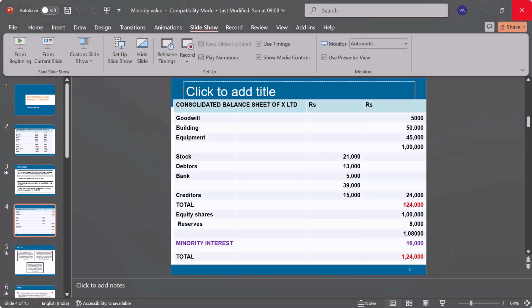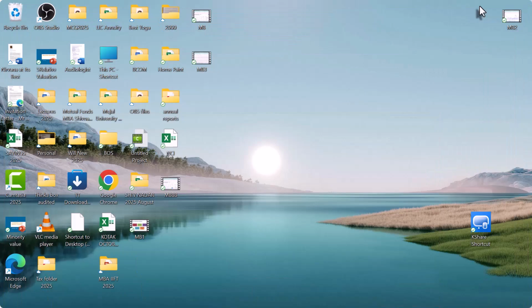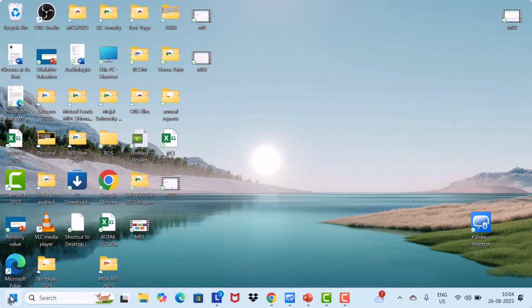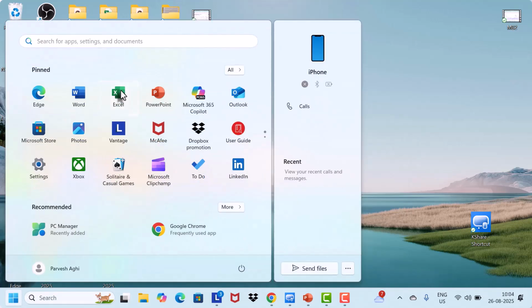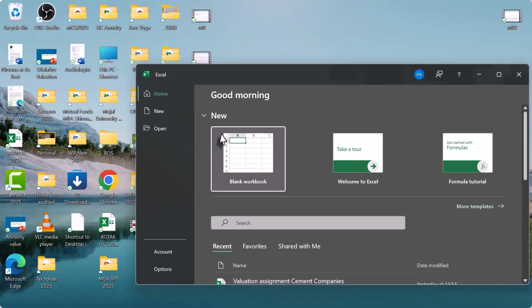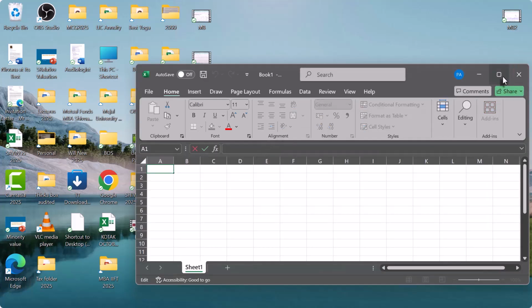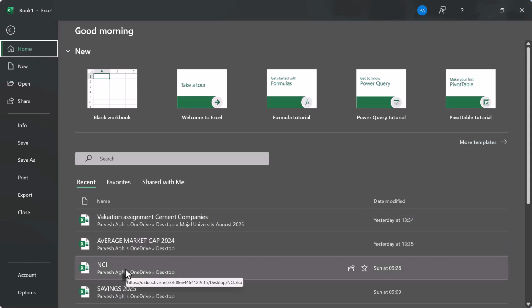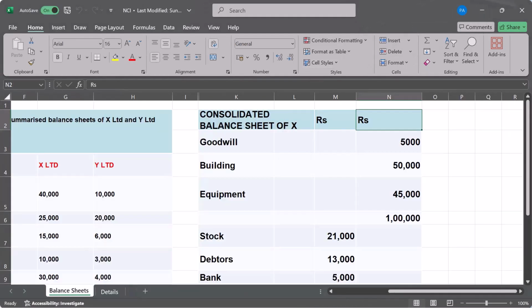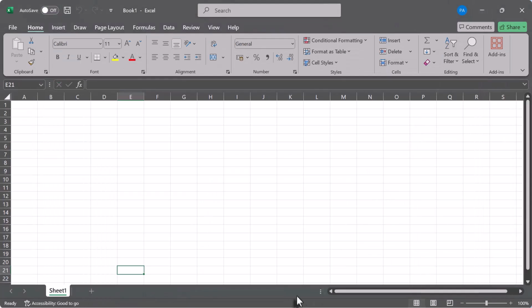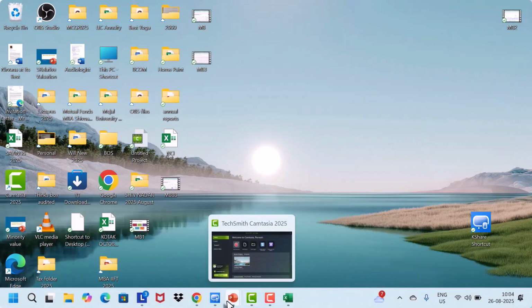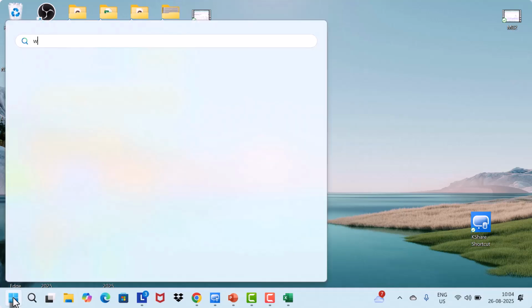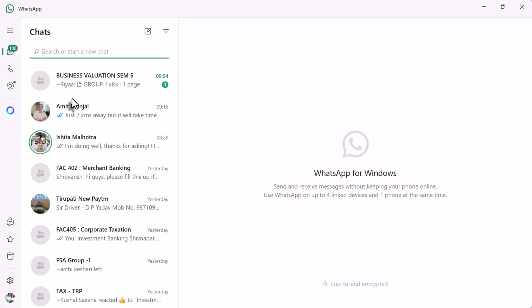Fine. Now I'll take you to the Excel sheet where I've done the calculations of consolidation so that it becomes easier. And I'll share that Excel sheet with you. I'm sharing these slides and an Excel sheet. So please open them.